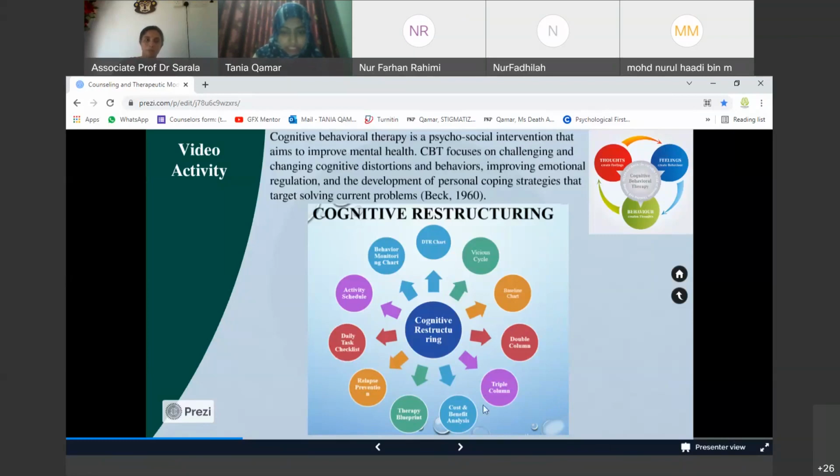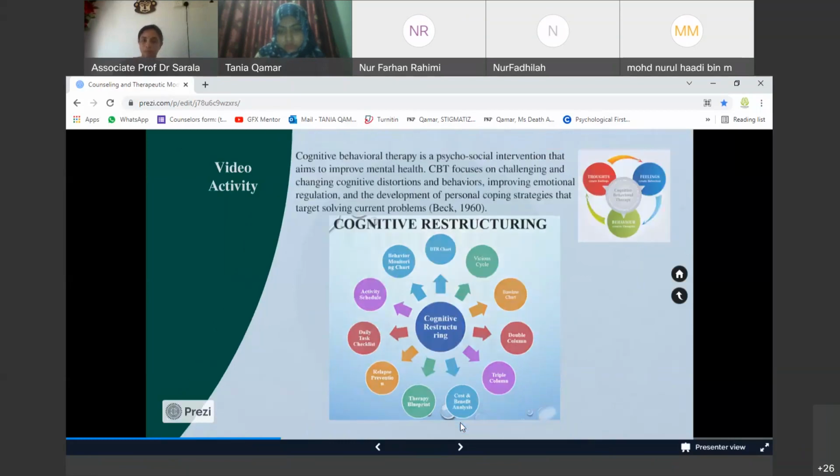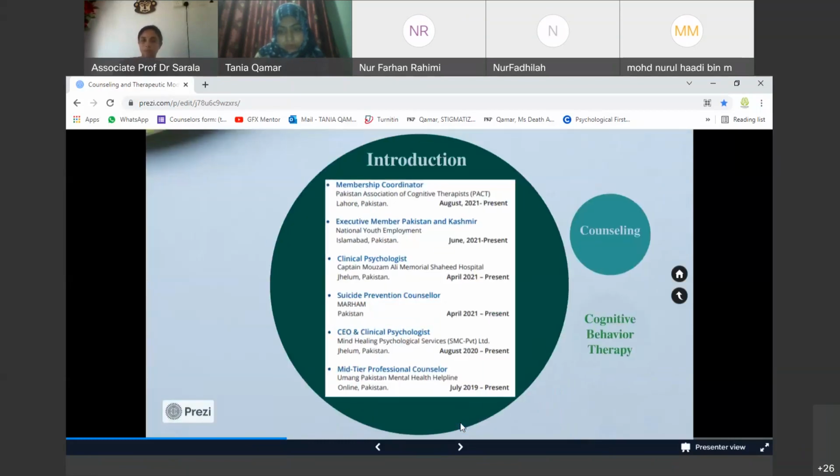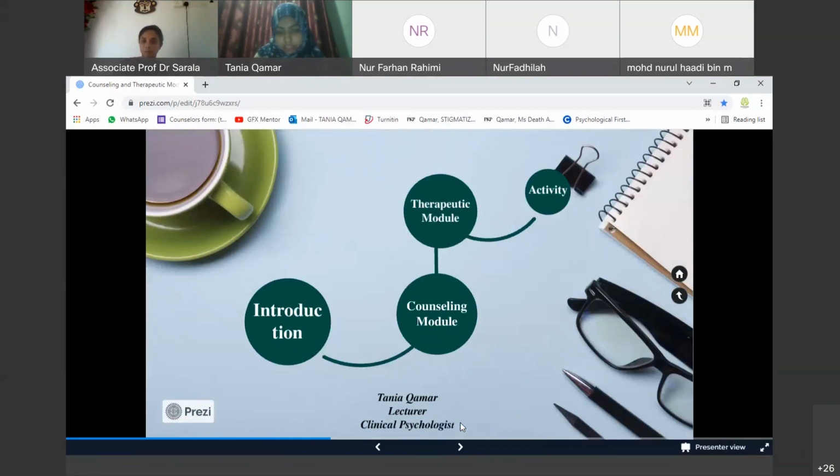We use some basic techniques of CBT, and we can even use techniques of other therapies, such as REBT, drug addiction therapy, and DBT, dialectical behavior therapy, according to the patient and their severity level. But we focus on CBT because we want to share the CBT and counseling therapeutic modules for your understanding.